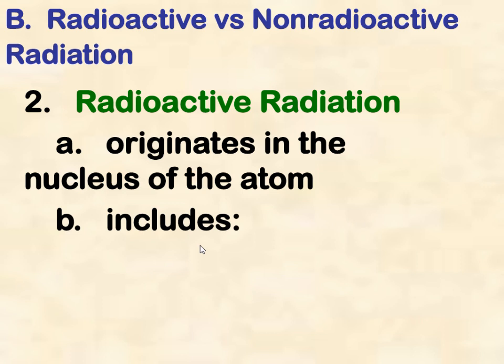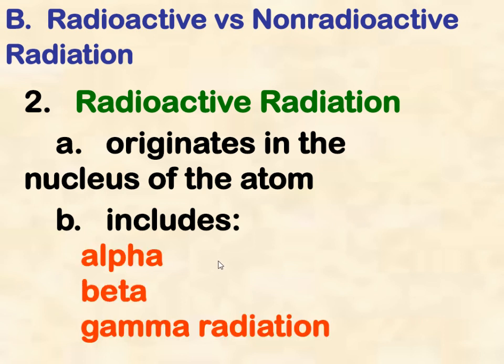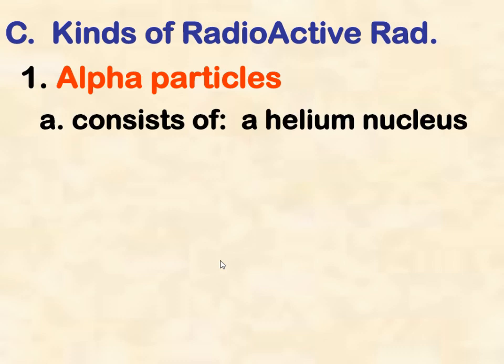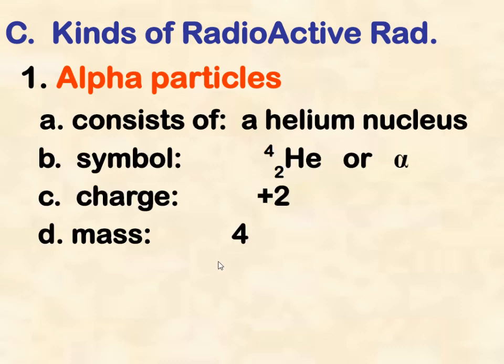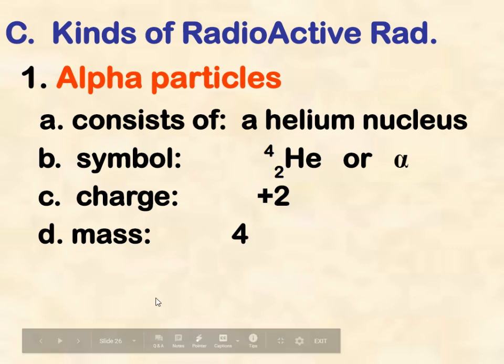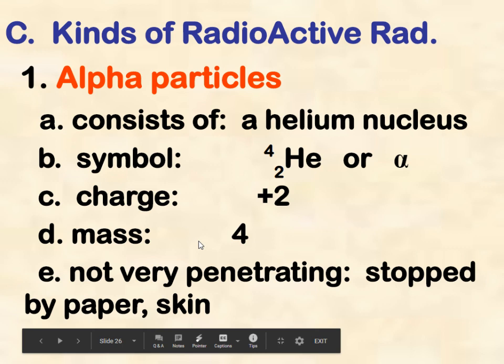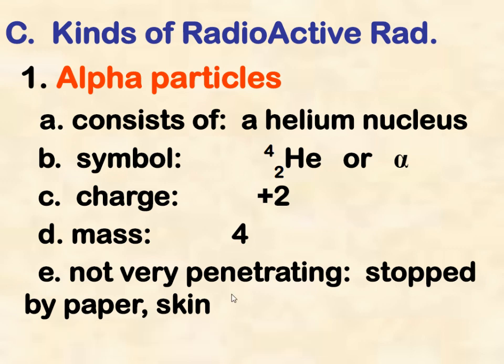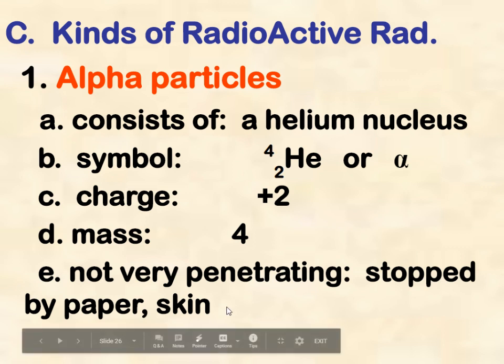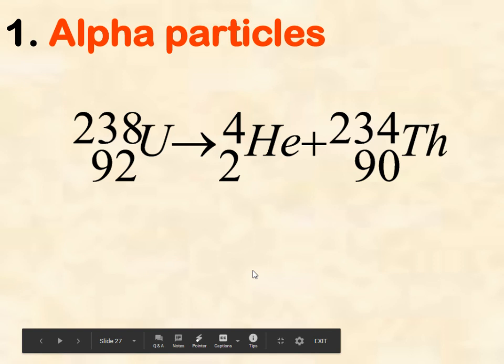Radioactive radiation originates from the nucleus. These are your alpha, beta, and gamma radiations. Alpha particles consist of a helium nucleus, helium-4. They have a charge of 2 and a mass of 4. It is not very penetrating. It can be stopped by paper or skin. So you don't have to have a heavy shield against alpha particles.